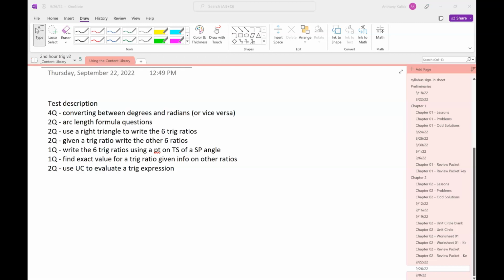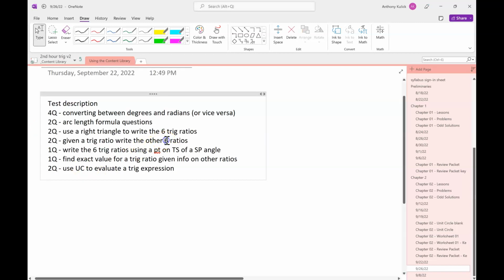So that's S equals R theta, if theta's in radians, and then the other version if it's in degrees. 2 questions where you're going to be using a right triangle to write the 6 trig ratios. 2 questions where I give you a trig ratio and ask you to write the other 5.